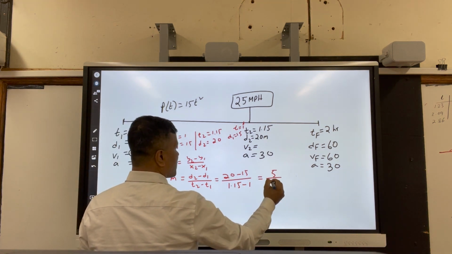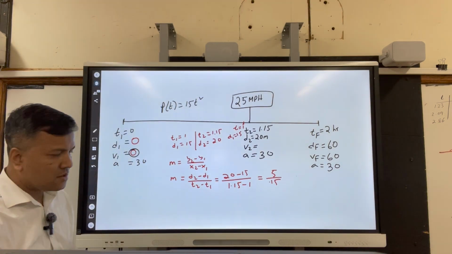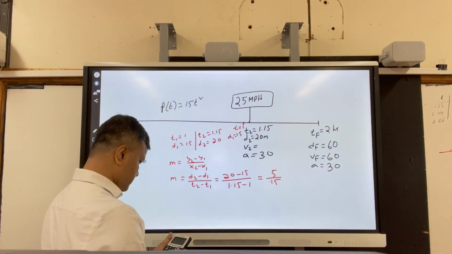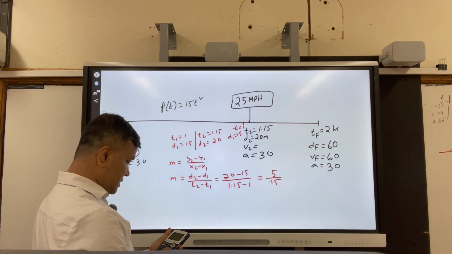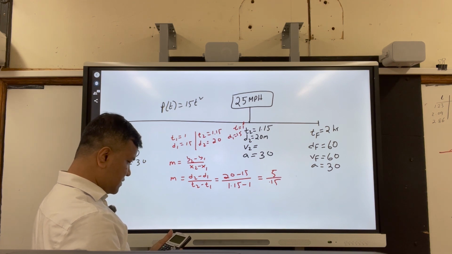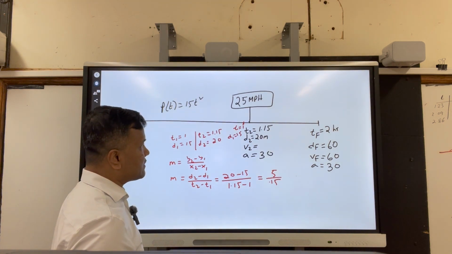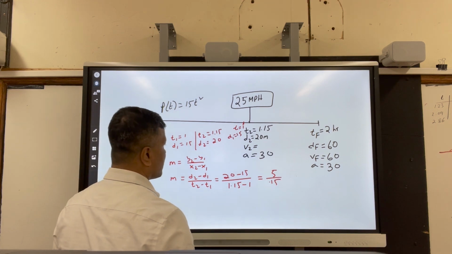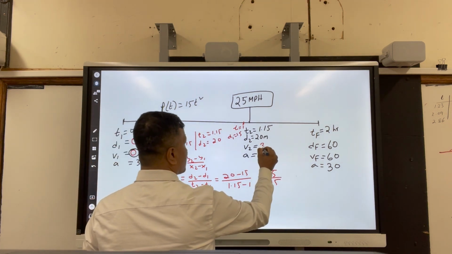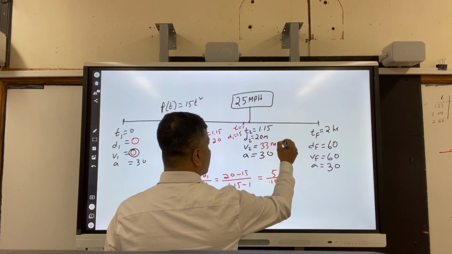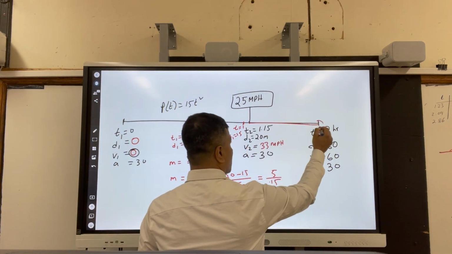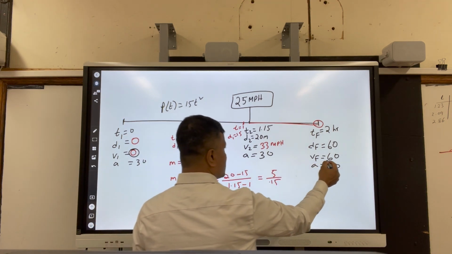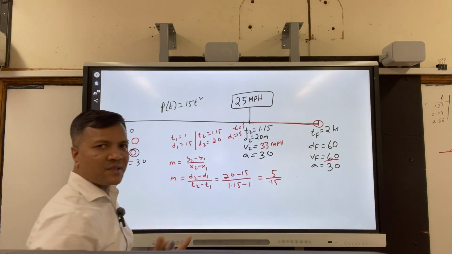So you have 5 over 0.15, and that is 33. So the velocity over here is 33 miles per hour, and that does make sense. The velocity increases as he moves to the final point, and the final velocity would be 60, and this is less than 60. That makes sense.